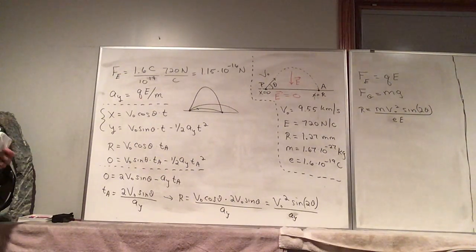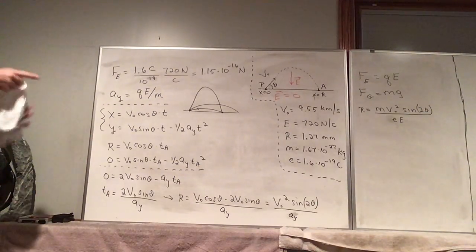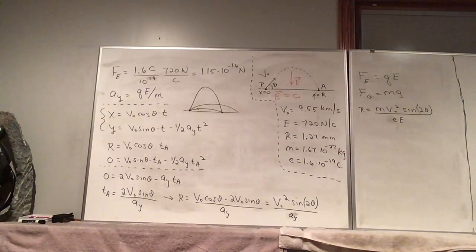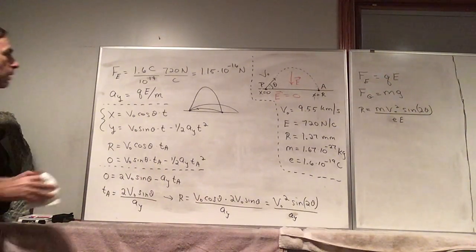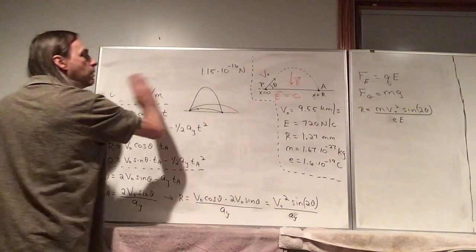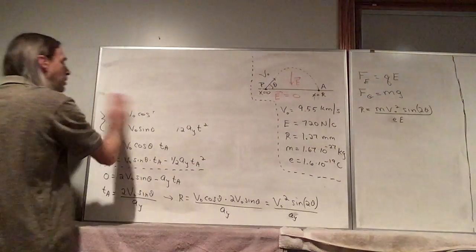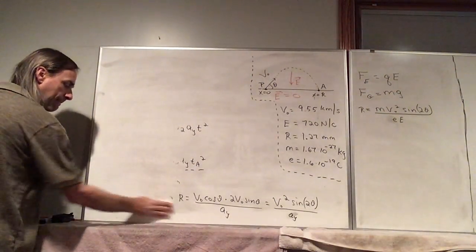So I'm going to erase the board. We have our equation here. We just want to basically rewrite it to solve for theta. So, let's clear as much space as we can.